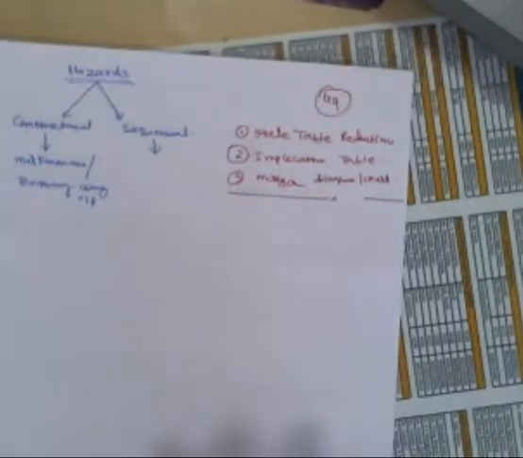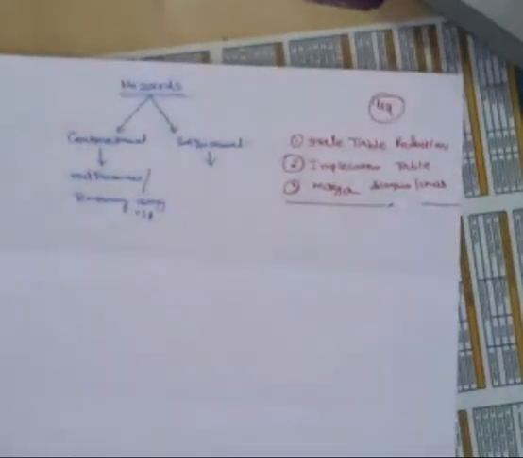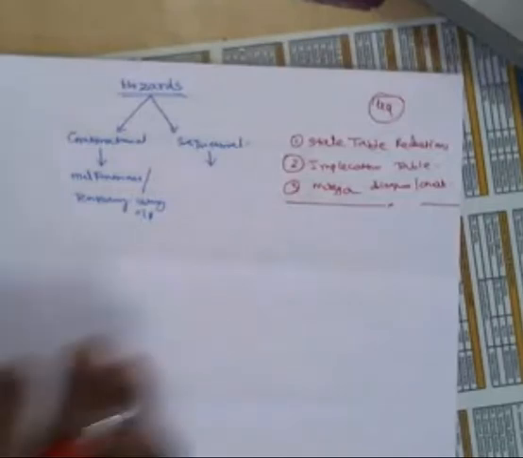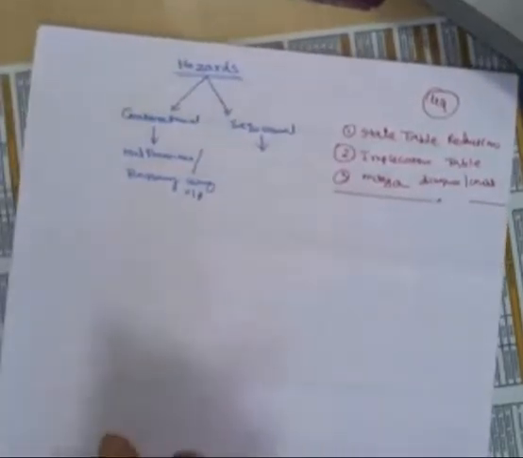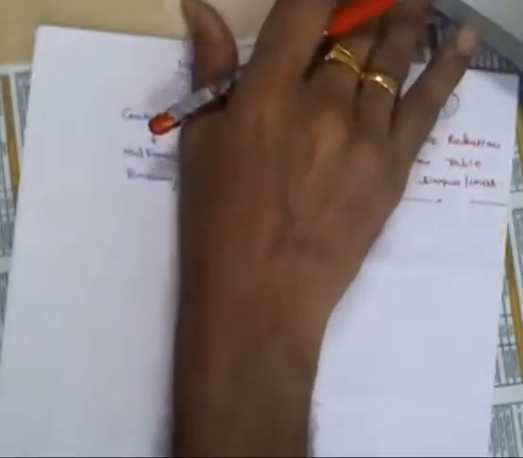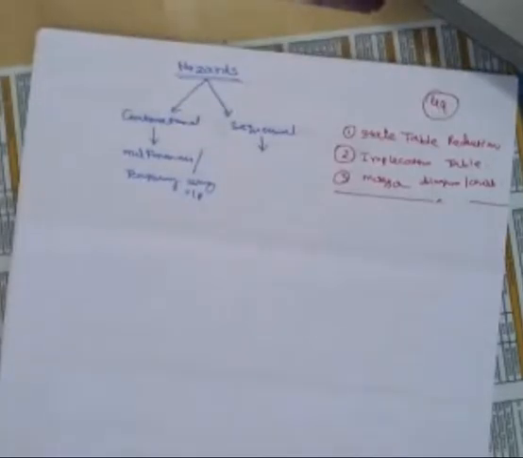Now we will see the hazards. What are hazards? What are all the effects of hazards? Hazards are there in all circuits, combinational, sequential, synchronous sequential or asynchronous sequential. But they have their own effect in asynchronous sequential circuits because of no control over it.